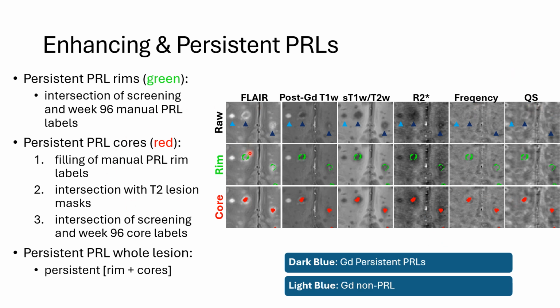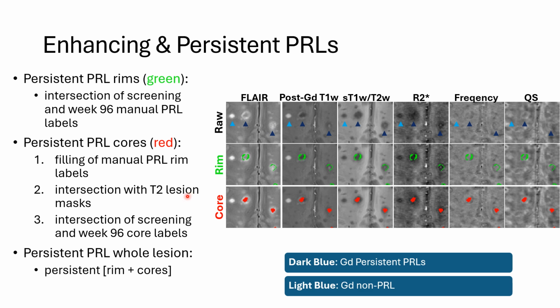You also see overlaid the persistent PRL rims, which were computed using the intersection of the screening and week 96 manually drawn rims shown in the previous slide, and cores were computed using a filling of the manually drawn PRL rims, which were intersected with automatically segmented T2 lesions.